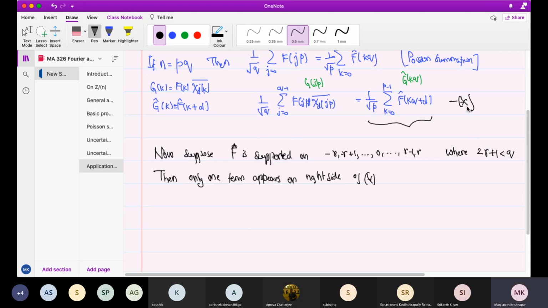Only one term will appear on that right side, because this is going in multiples of q. So one of them will be in here and the rest will be outside, because this whole length is less than q. So there is only one.